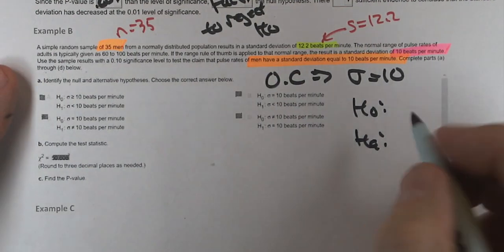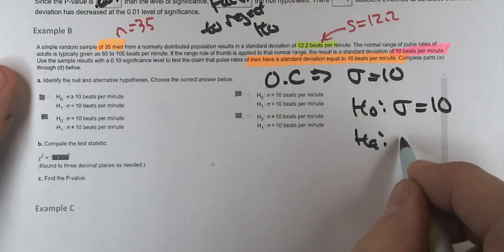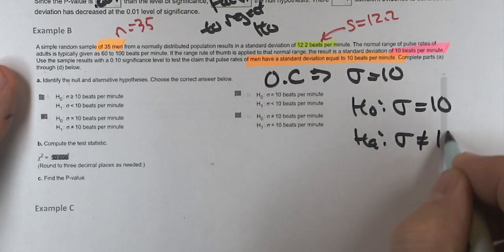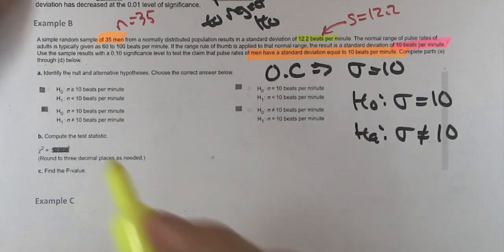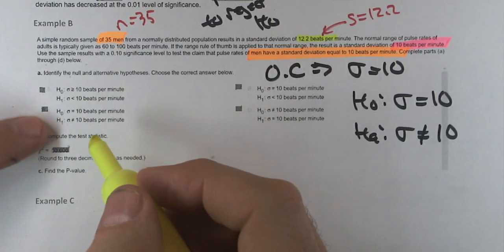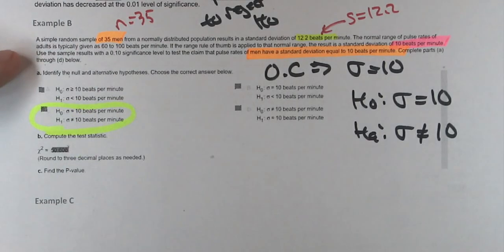So that'd be sigma is equal to 10 for H0. Good. HA is going to be sigma is not equal to 10. Perfect. Thank you. One for two. Hey, that's a good batting average. You'd be in the Hall of Fame with that batting average. So I think that's this one over here, right? That's this one.